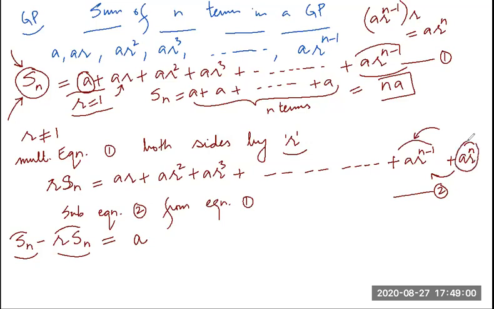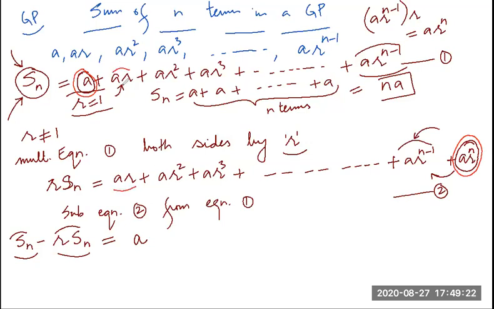Are you able to understand this? The first term, students, the first term and the last term, both will not get cancelled. Why? Because there's no similar term with them. See, AR will get cancelled with this here.